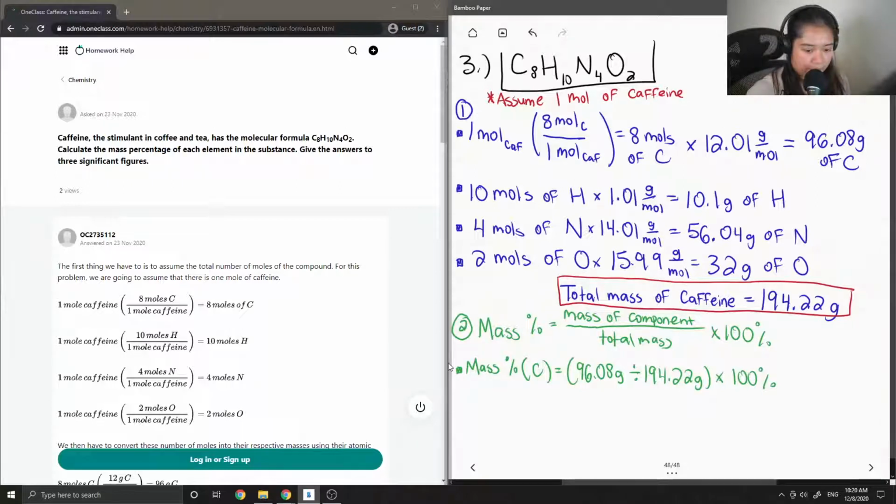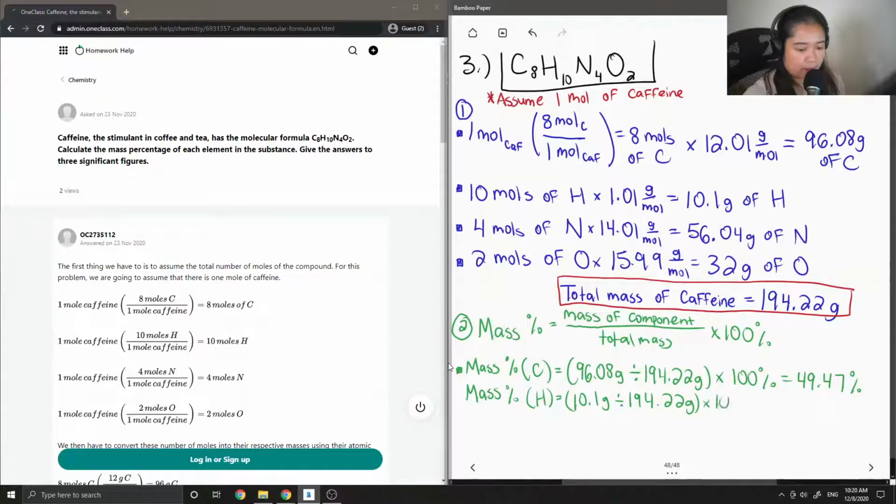Gives us a percentage of 49.47%. Let's do the same thing for hydrogen. 10.1 grams divided by 194.22 grams times 100 gives us a percentage of 5.20%.